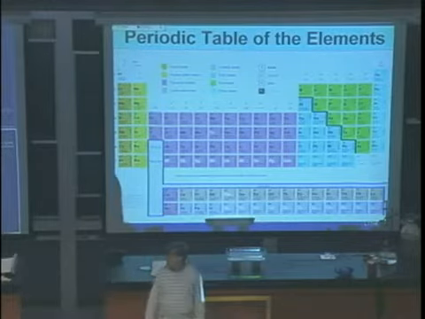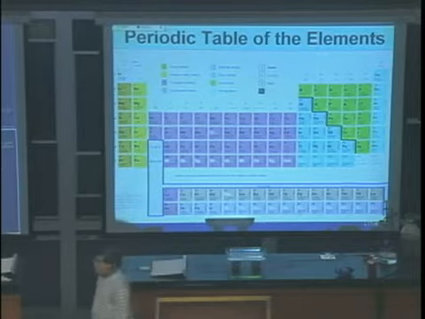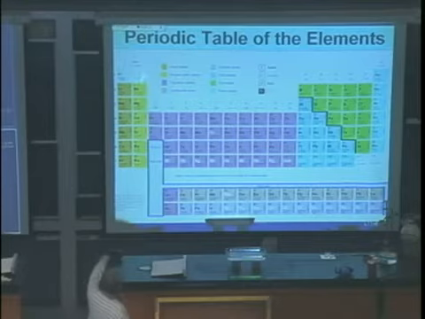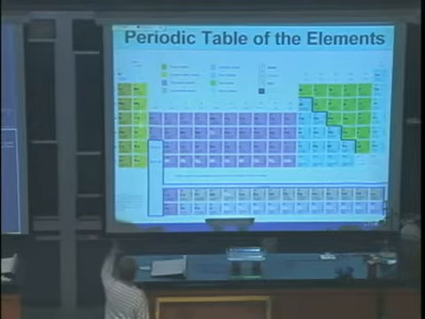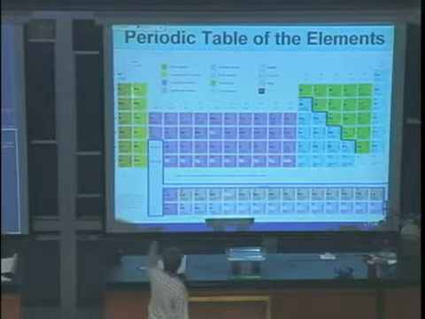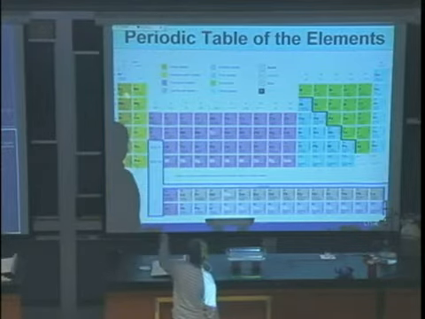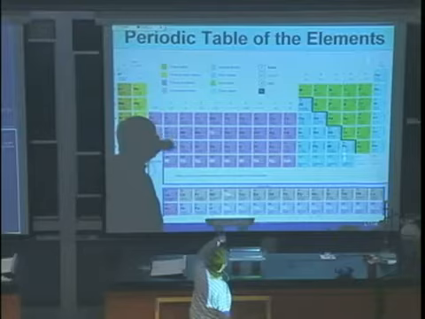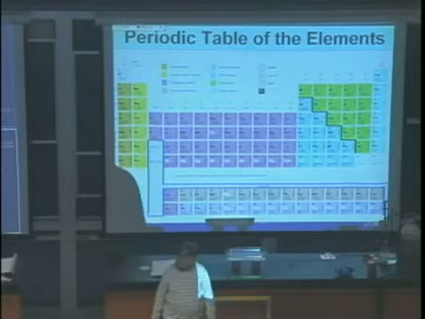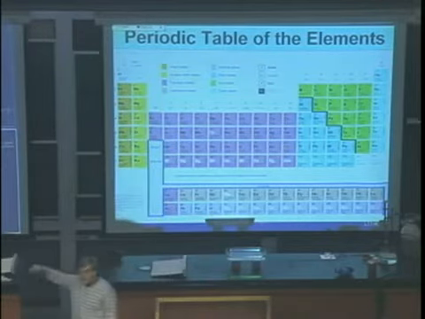We will talk about some of these behaviors today as they pertain to the elements themselves. So down here group 2 would be the s2 group, and then you have s2 again, and then you have p1, p2, p3, p4, p5, p6, all right? But you have to add the quantum number in front.